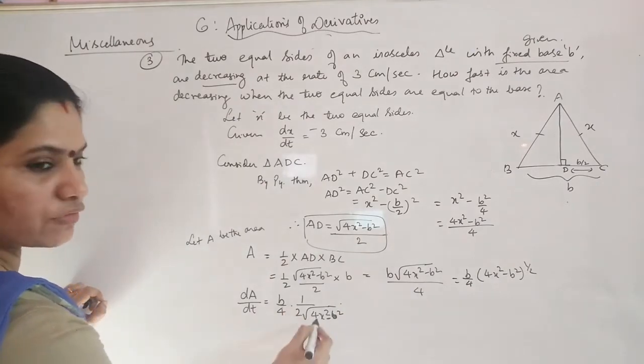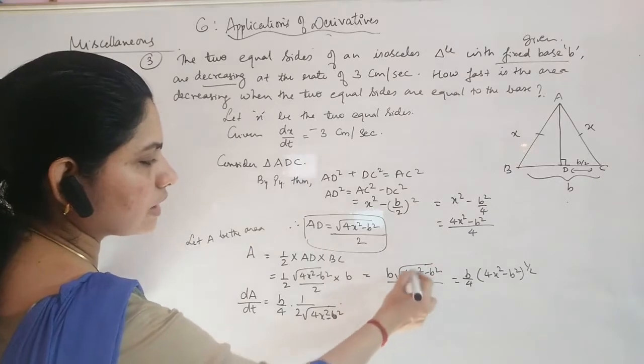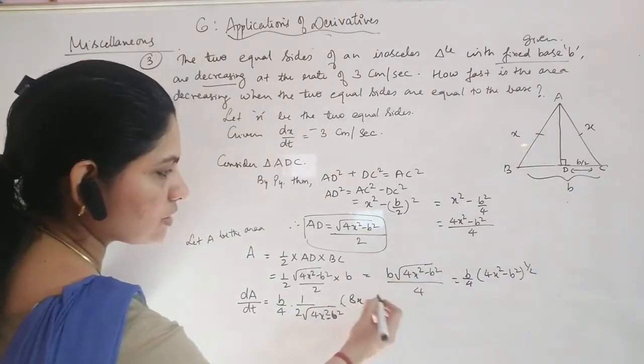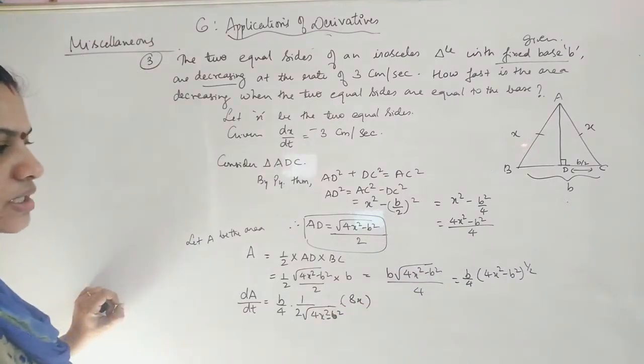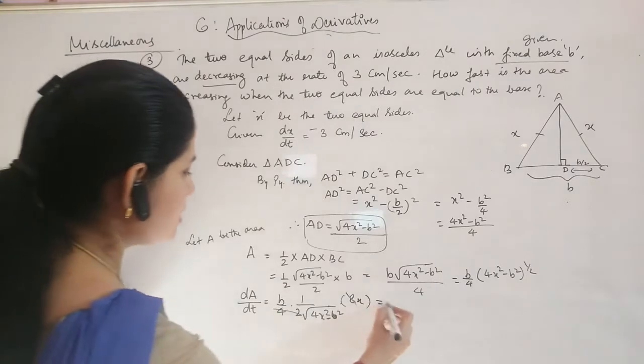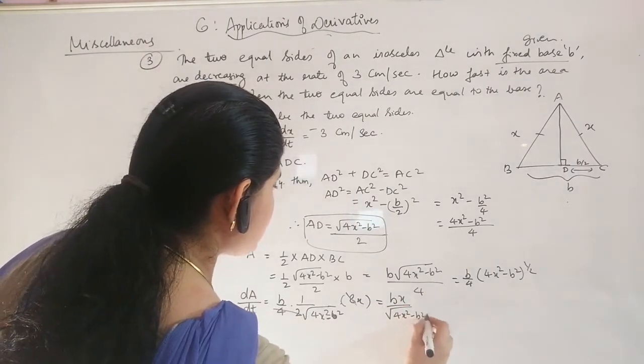So you will get 8x, and the other term is a constant. The derivative of 4x square gives you 8x. So 4 into 2, 8 cancel. So bx by root of 4x square minus b square, but I have left something.